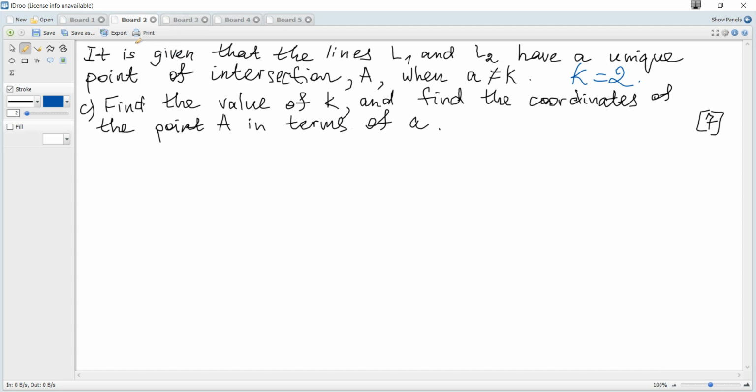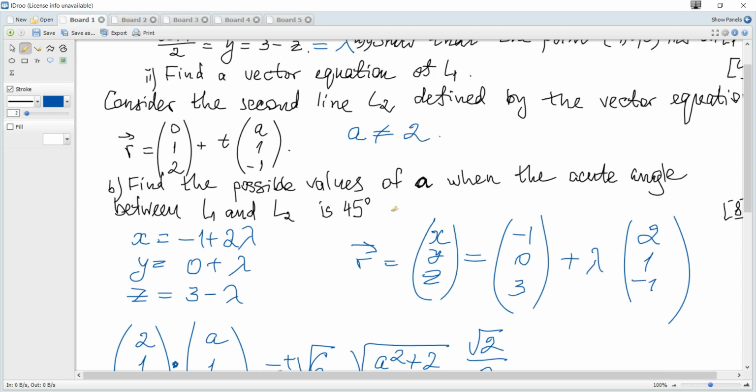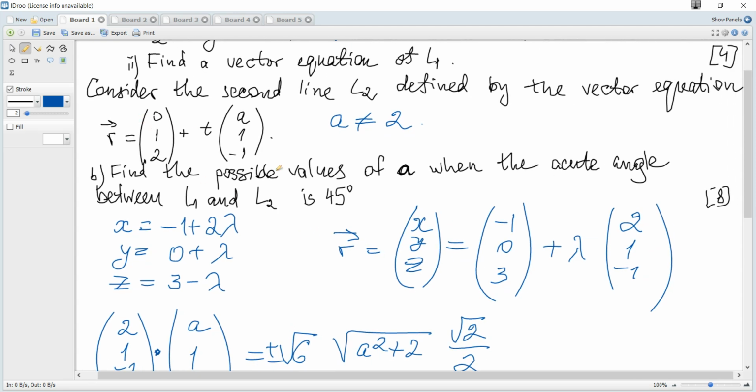we need to find a point of intersection. How to find a point of intersection? We just equate x to x, y to y, z to z, and consider simultaneous equations.